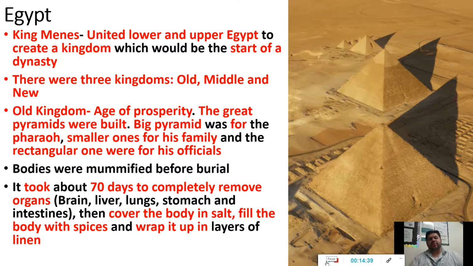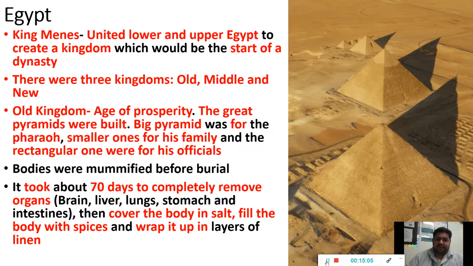All right, so now we're going to move on to the Egyptians. In Egypt, King Menes was really one of the first to start the dynasties. He united Lower and Upper Egypt to create the first real kingdom.